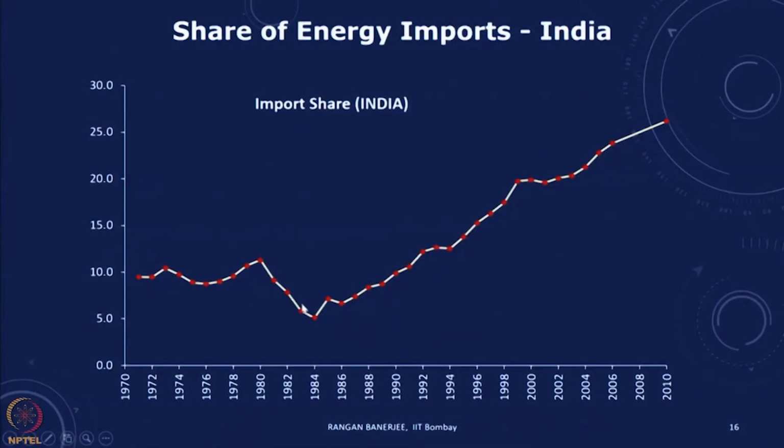I talked to you earlier about this import share, and from the 1990s onward, if you look at the percentage share of imports in our overall energy supply, you can see that this is sort of monotonically increasing, and this is not a very nice trend. This is something that we need to see, how do we get substitutes for oil.